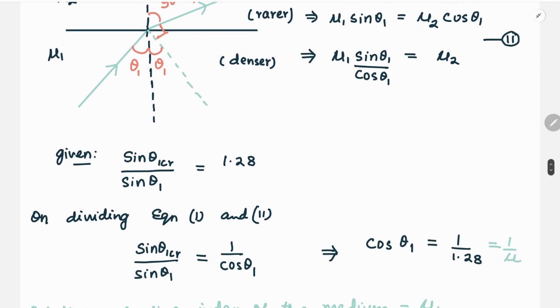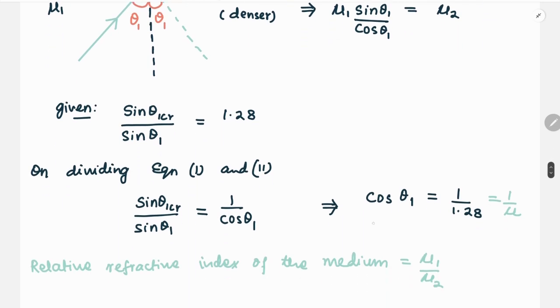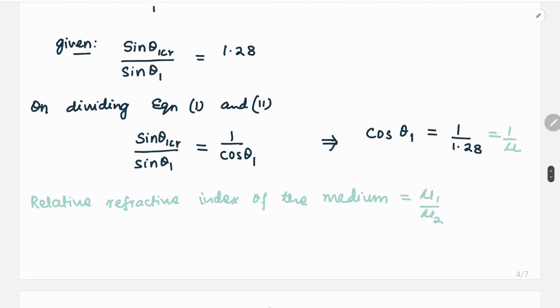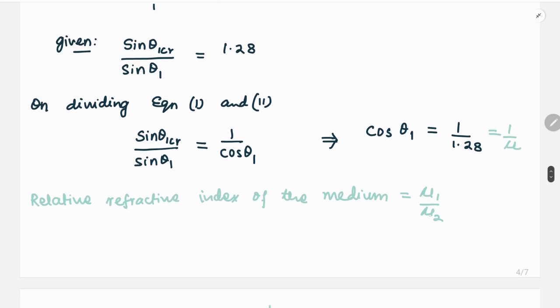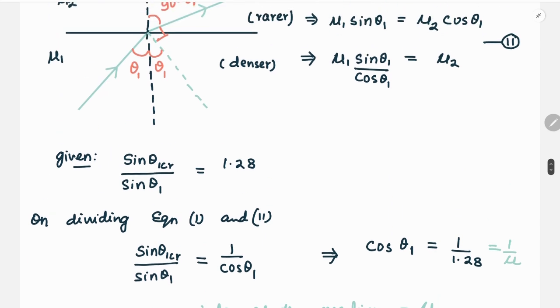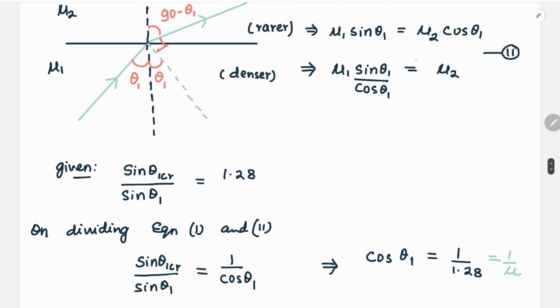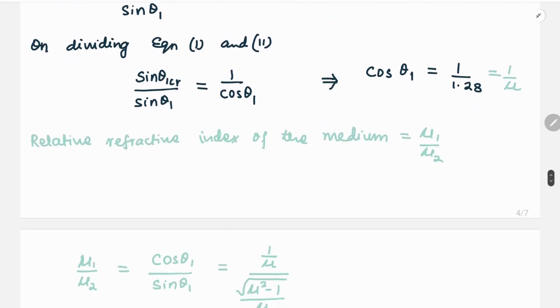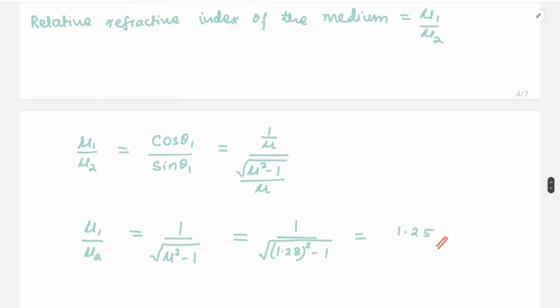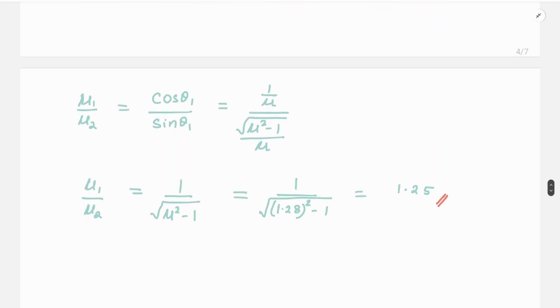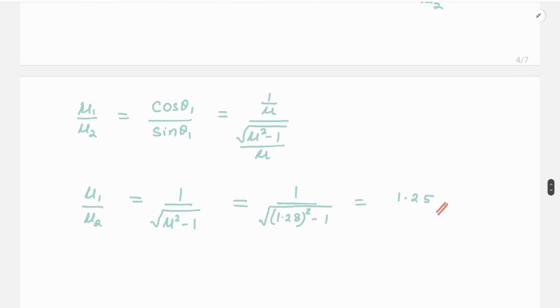We divided the two expressions to obtain the value of cos theta 1. Since the problem asks for the relative refractive index, the ratio mu1 by mu2, we came back to the second equation, writing mu1 by mu2 as the ratio of cos theta 1 by sin theta 1, and on substituting the values we obtain 1.25. So this is the required solution for problem 5.16.